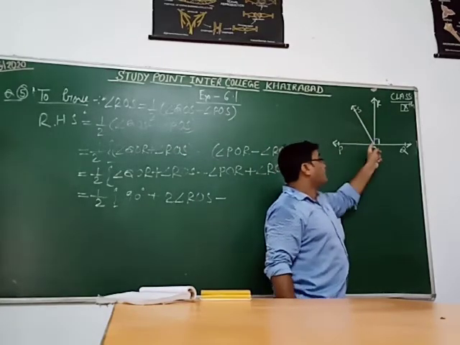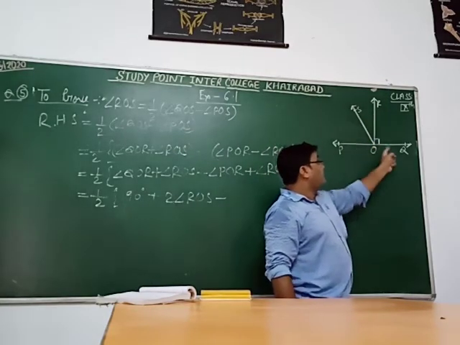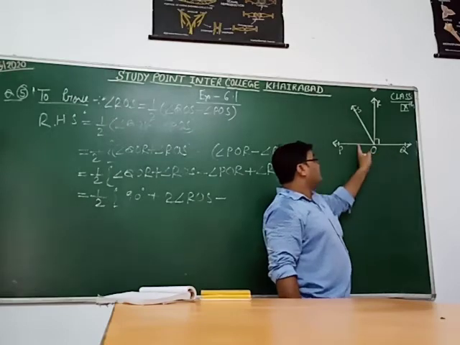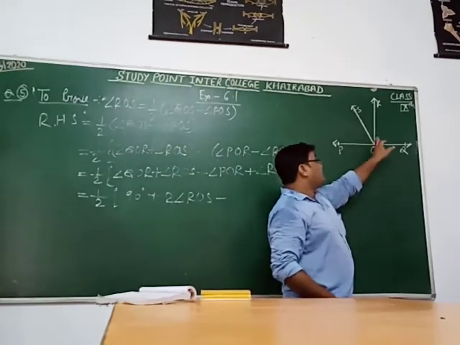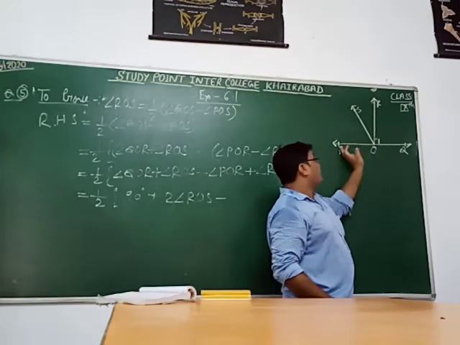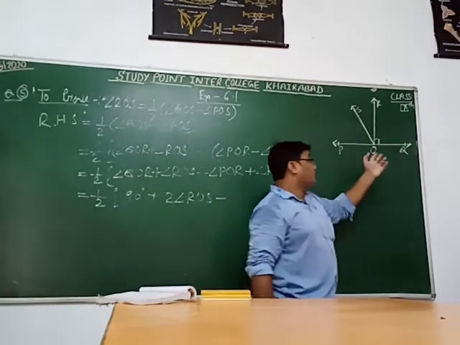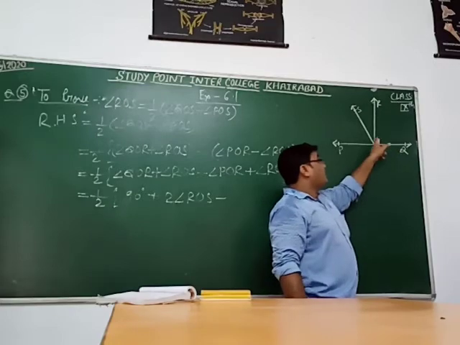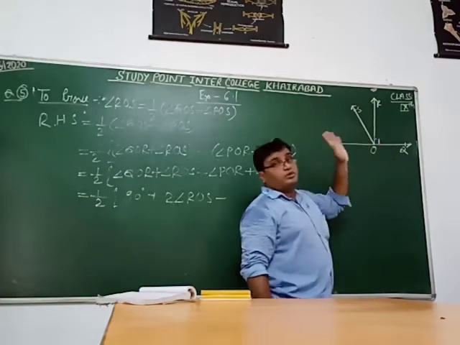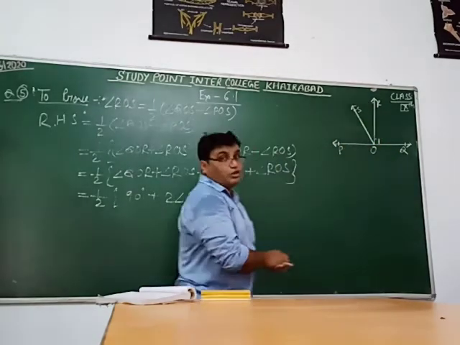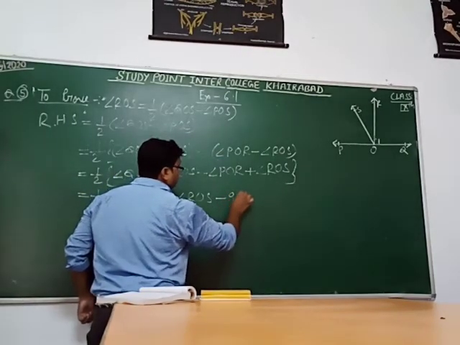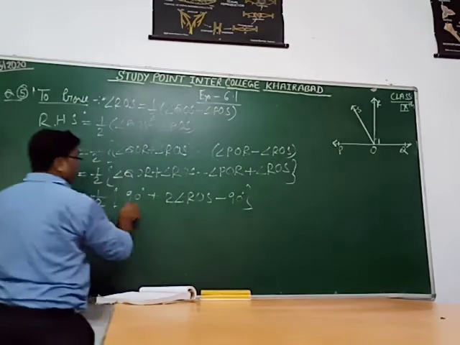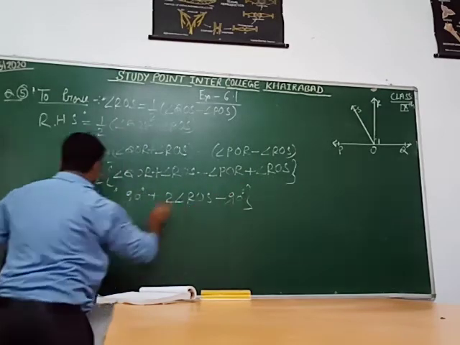POR is also 90 degrees, because on this line the sum of the angles is 180. This angle is 90, so the remaining POR will also be 90, because the whole is 180. Angle POR is also 90 degrees. 90 minus 90 cancel out.